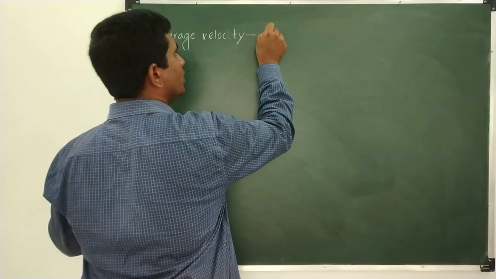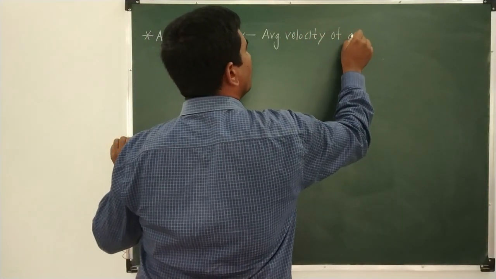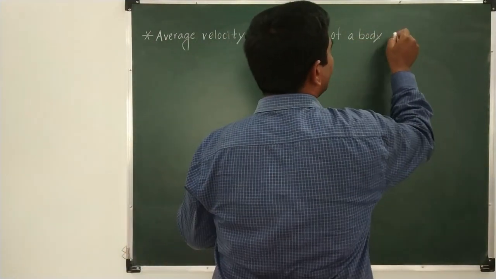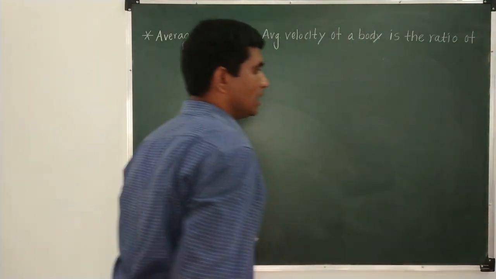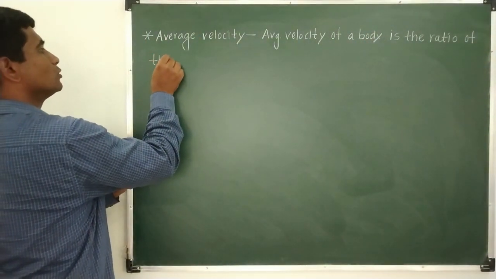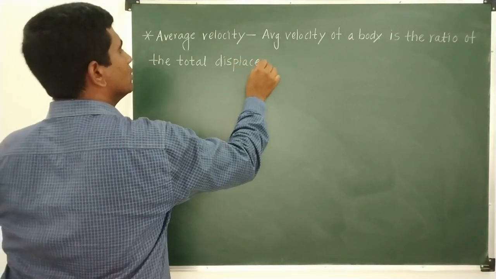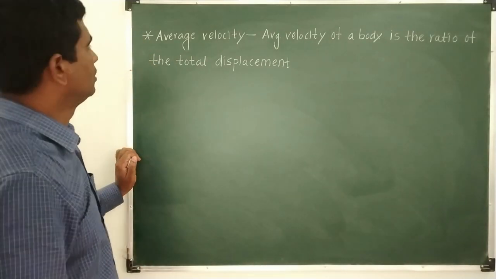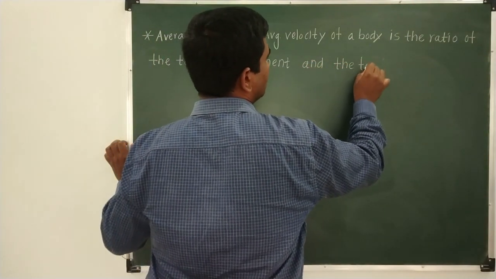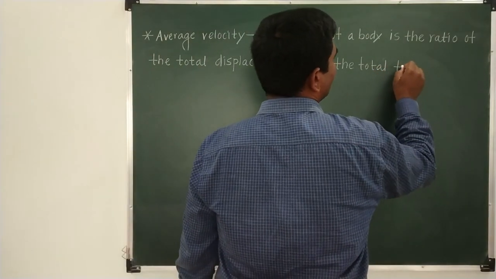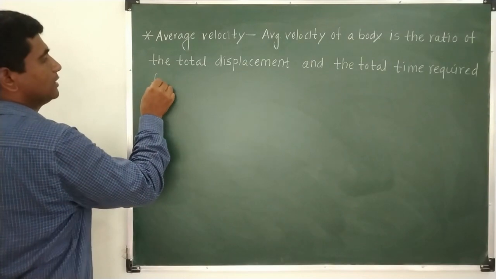Average velocity of a body is defined as the ratio of the total displacement and the total time required for that displacement.